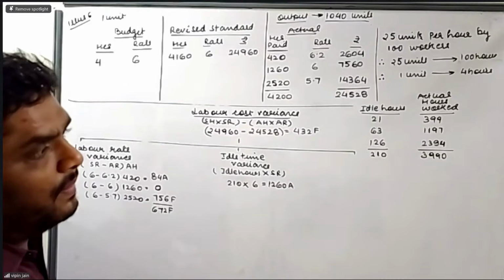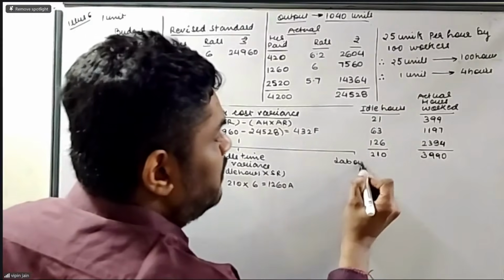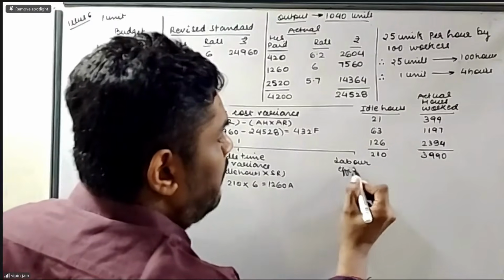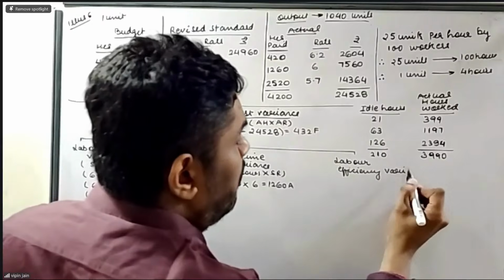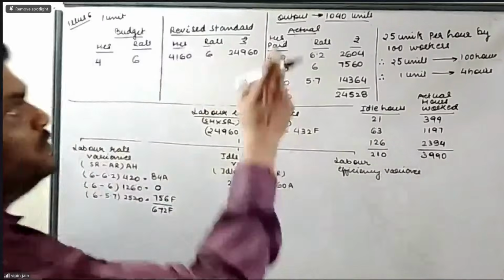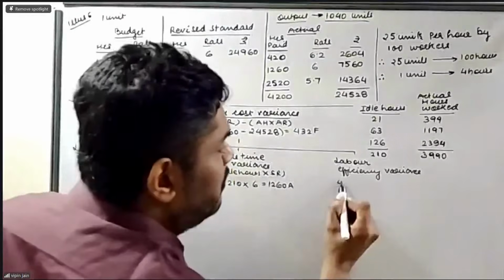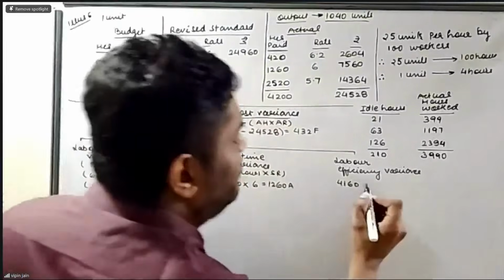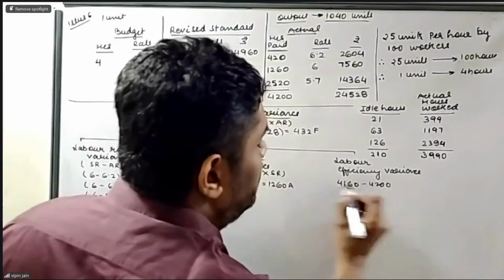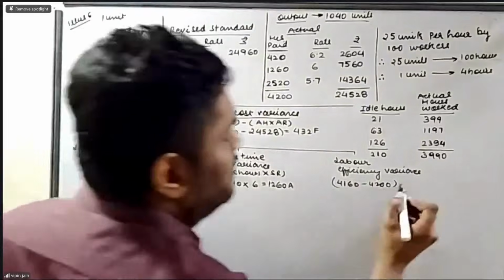Sir, labor efficiency variance. Yes, very good. Labor efficiency variance means to manufacture 1040 units, how many hours should we have worked? 4160. How many hours did we actually work? 4200 into my rate, that is 6.